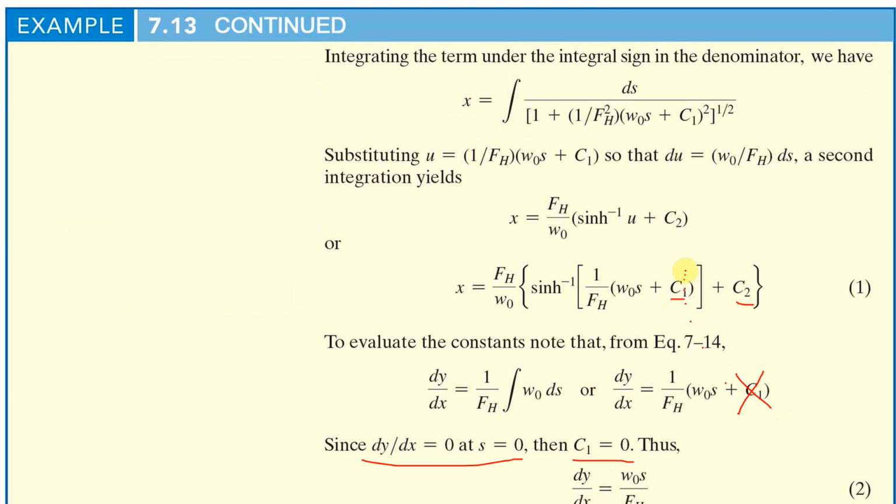So that simplifies the equation. It's hard to see the equation right way down at the bottom: dy/dx equals W naught s over F sub H. Just this equation right here.